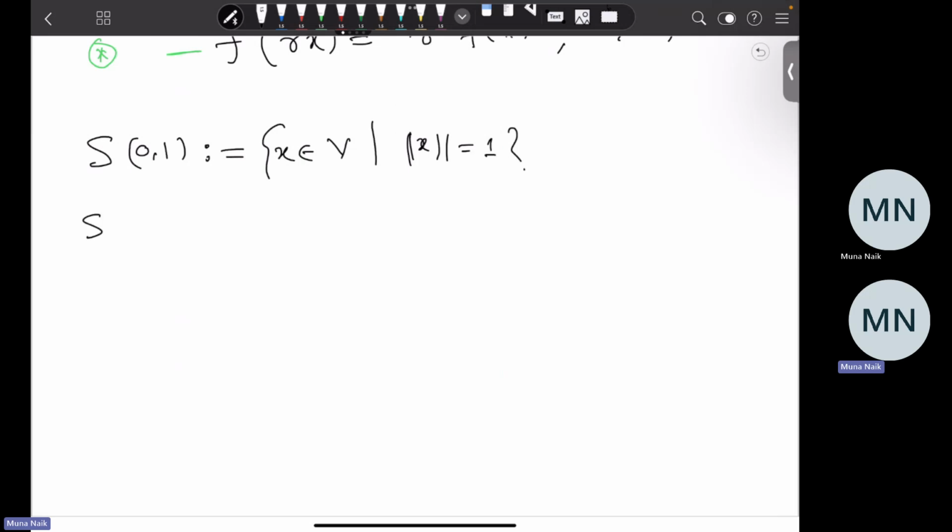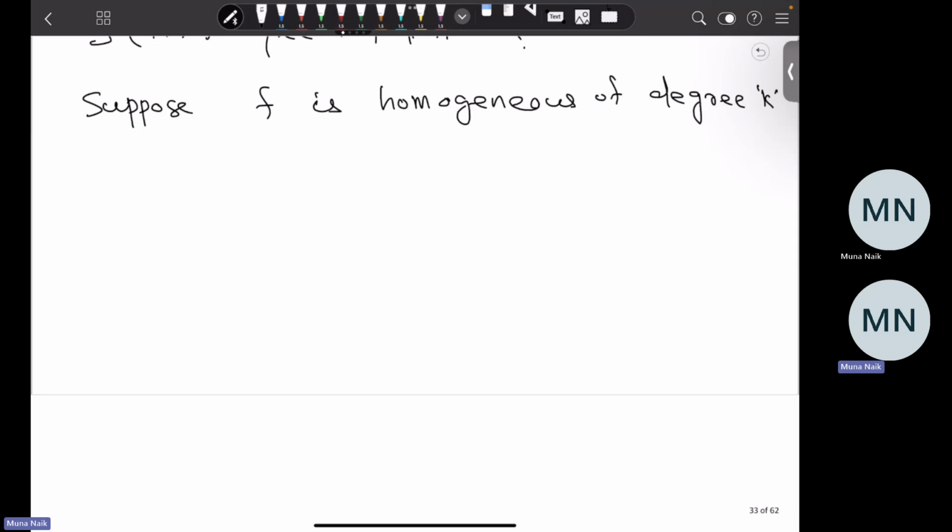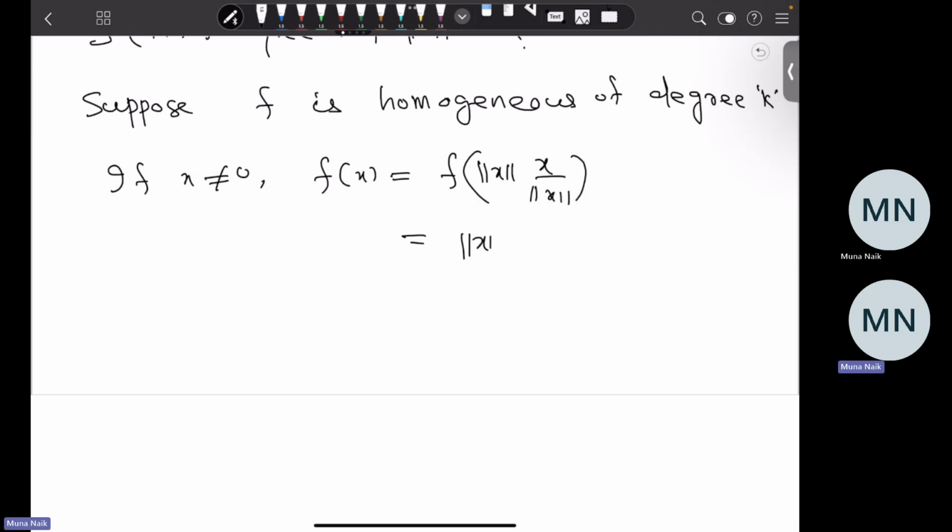Now suppose f is homogeneous of degree k. Then if x is non-zero, f(x) is nothing but f(x by norm x) times norm of x to the power k.